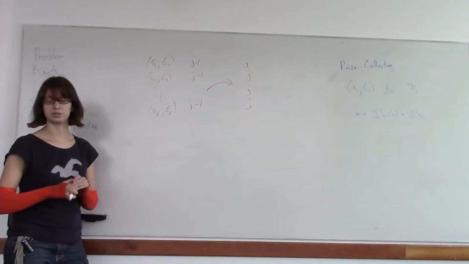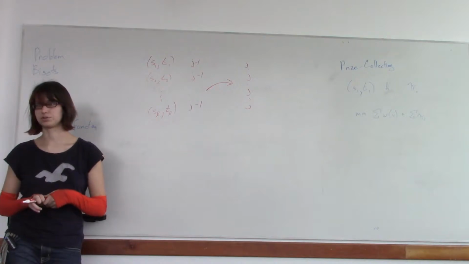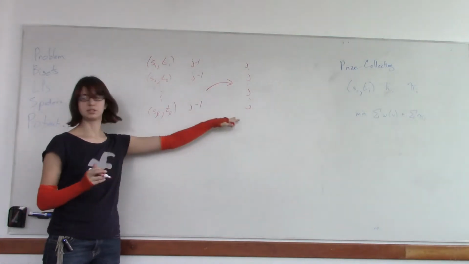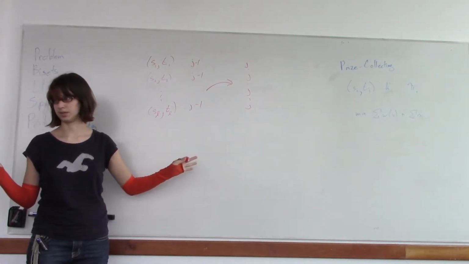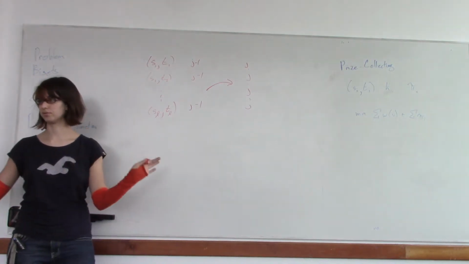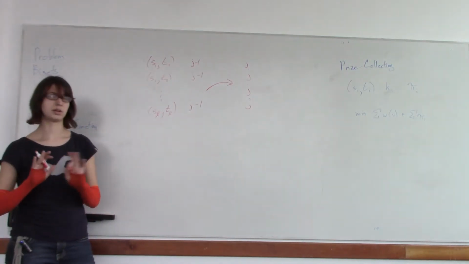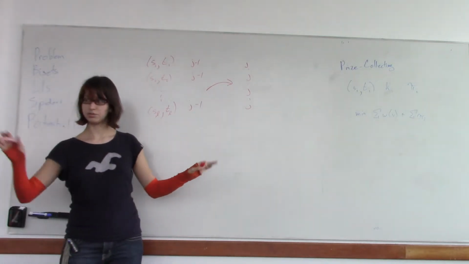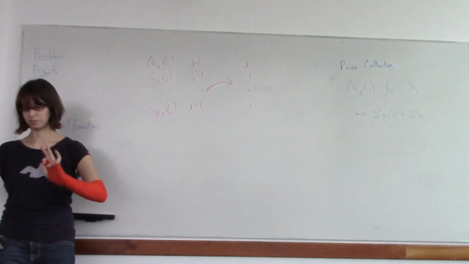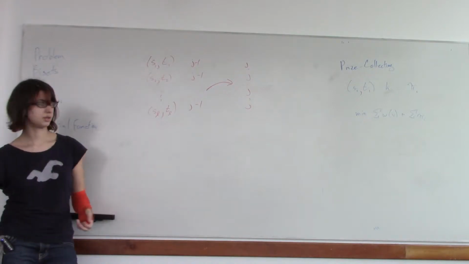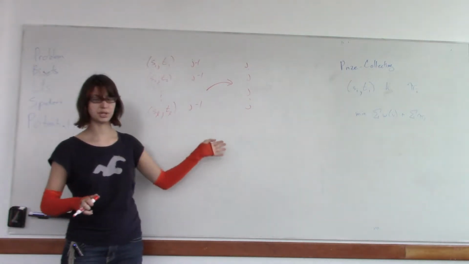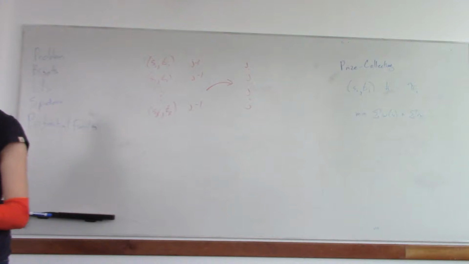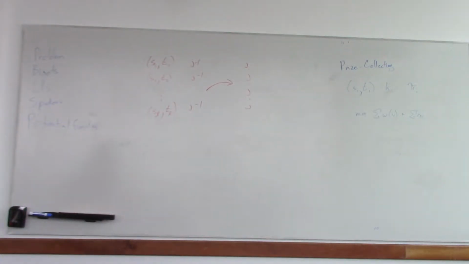And I'm still doing the prize collecting version, so if I ever decide someone drops out at some point, I just pay their penalty at that point and forget about them for the rest of it. So if in the second step I decide I'm not connecting S2 to T2 at that point in the augmentation problem, I just pay the penalty and move on and forget about S2, T2 for the rest of the problem.